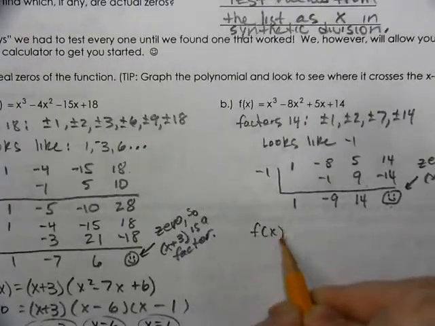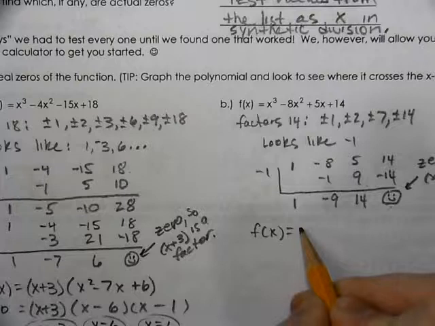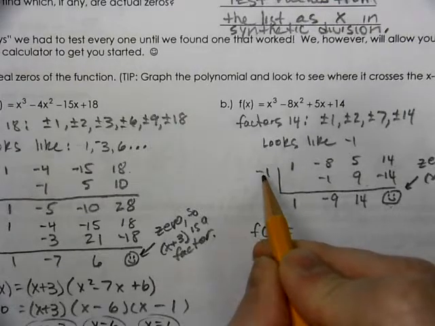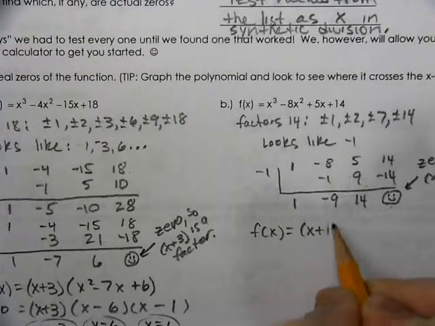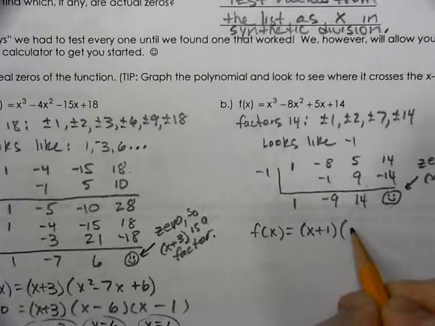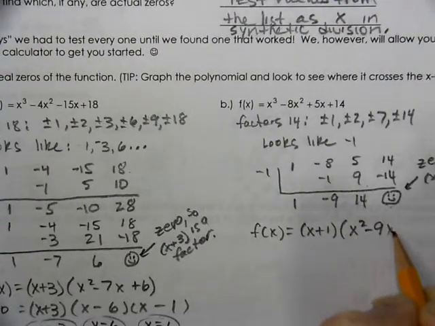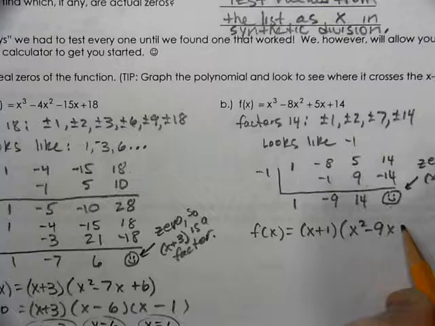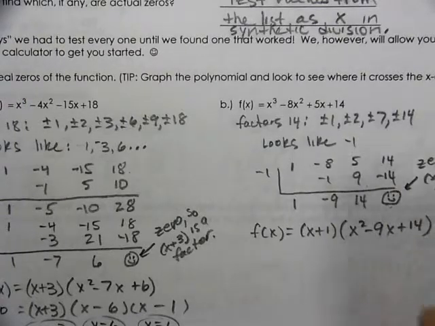So for f of x, we have that x plus 1 is a factor. And after we factor that out, we get x squared minus 9x plus 14.